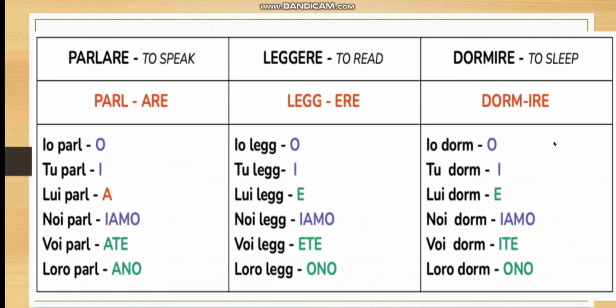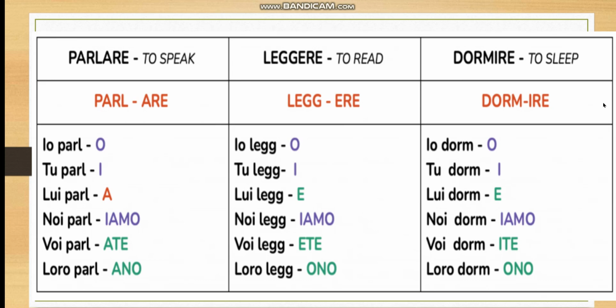And the third verb is dormire, means to sleep. And the verb ending with ire. Io dormo. Io means I. Dormo means to sleep. I sleep. Tu dormi. You sleep. Lui dorme. Noi dormiamo. Voi dormite. Loro dormono.